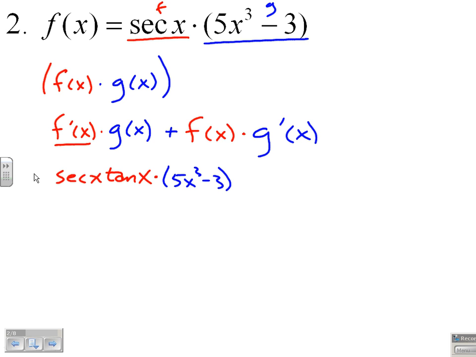Don't forget the parentheses, they matter. Plus my plain old first function, secant of x, times the derivative of the second, or the derivative of 5x cubed minus 3. So times 15x squared.